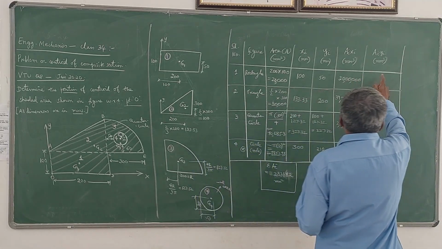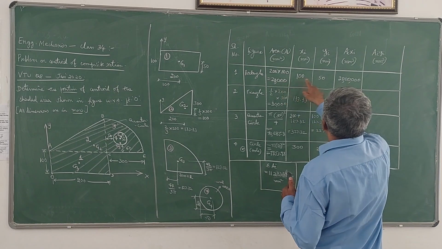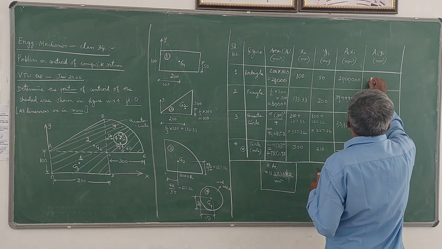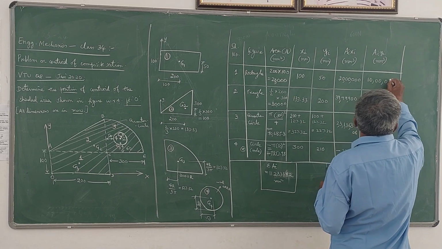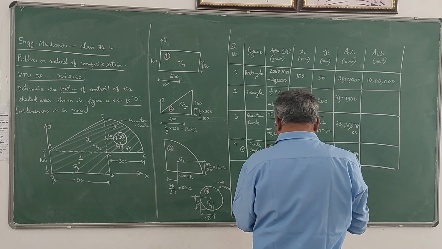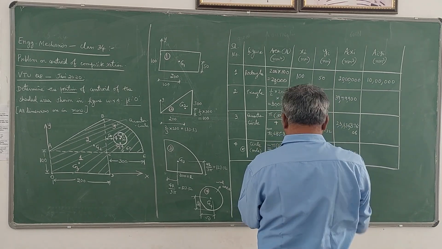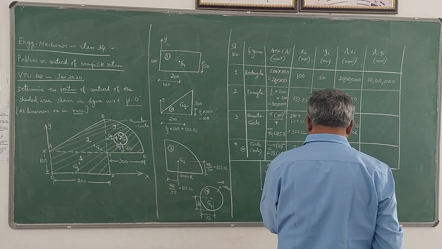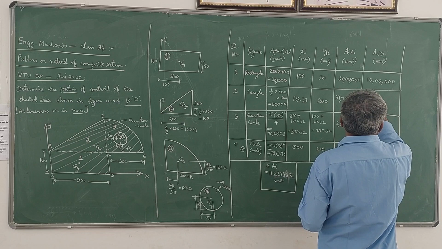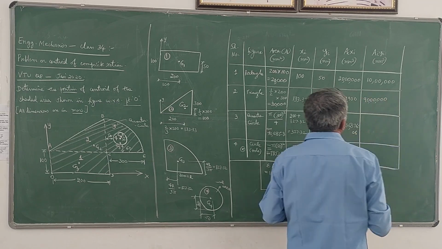Now AiYi I need. This is Ai, this is Yi. So 20,000 into 50, which comes out to be 10 lakhs. Half of the 20 lakhs. Then 30,000 multiplied by 200. So it is 9 followed by 6 zeros, 90 lakhs.